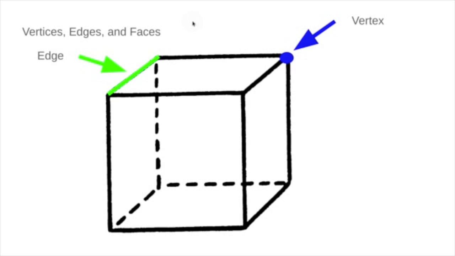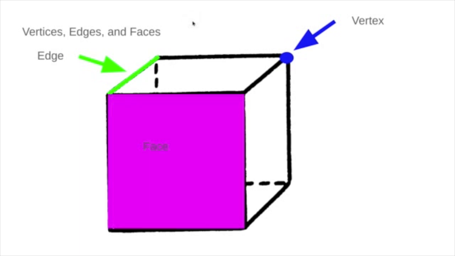Edges are the straight lines, and the faces are the sides. So it would be the top, the bottom, left, right, and all around. You do also have bases, and the base is just the flat part that the shape sits on. Like if you had a cone, the base would be the flat part of the cone.